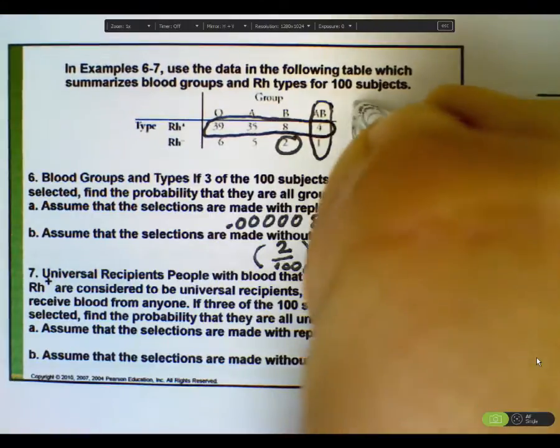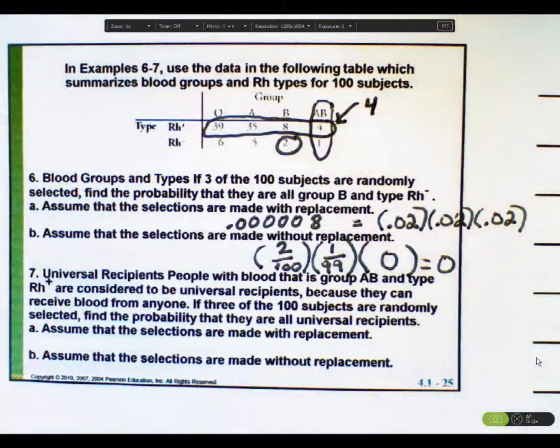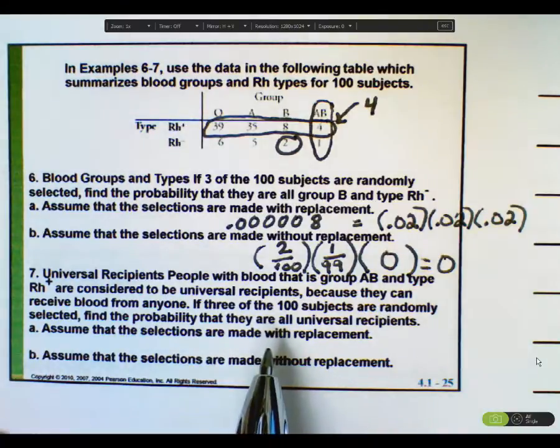So only 4 in the group are both group AB and RH positive. If I put all 100 names in a hat and draw out 3 and assume the selections are made without replacement, what's the probability that all 3 are universal recipients?